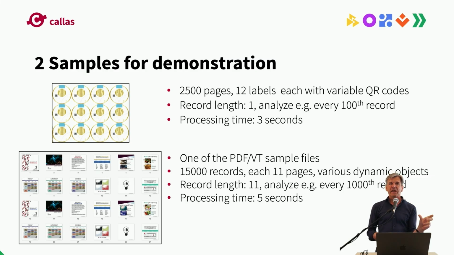We have 11 pages in this officially available pdfVT sample file, so the record length is 11 pages. And for a pdfVT file with 15,000 records, every 100th record takes some time, so it would be more advisable to just use every 1,000th record in this example.